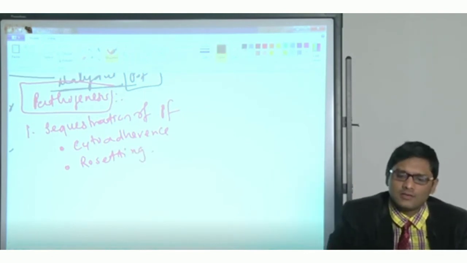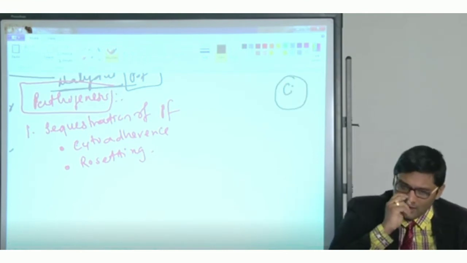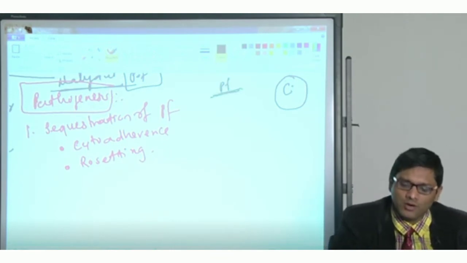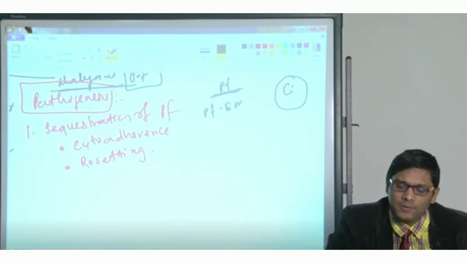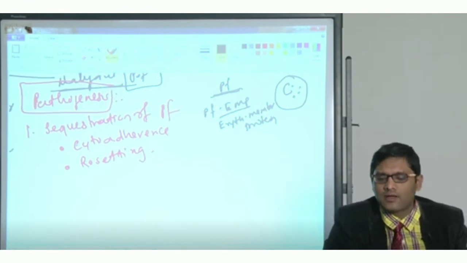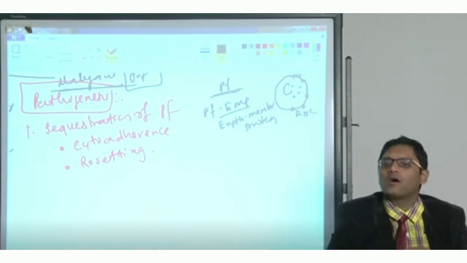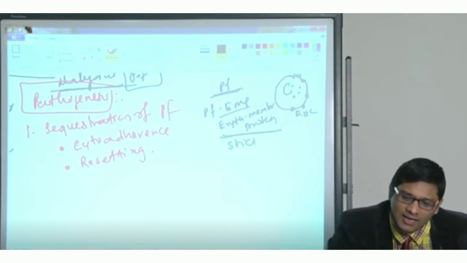This means, see, this is an RBC and this is the malaria parasite, Plasmodium falciparum, inside. Plasmodium falciparum expresses and secretes a protein called PfEMP protein. EMP is erythrocyte membrane protein. These proteins come out and are coated on the surface of the RBC, and these erythrocyte membrane proteins are sticky in nature.